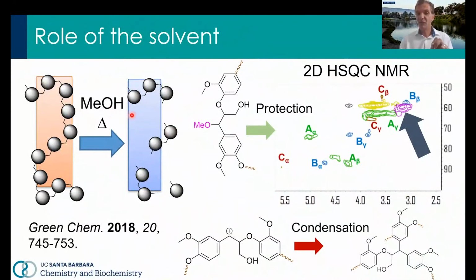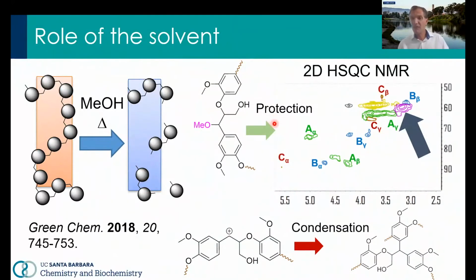It allows for the protection of these carbocations such that the recondensations are not happening very fast, giving the catalyst an opportunity to act on these solubilized fragments that have been protected with a methoxy group from methanol. And the catalyst now can deoxygenate these dimeric or oligomeric species and continue to break them down to the monomers.